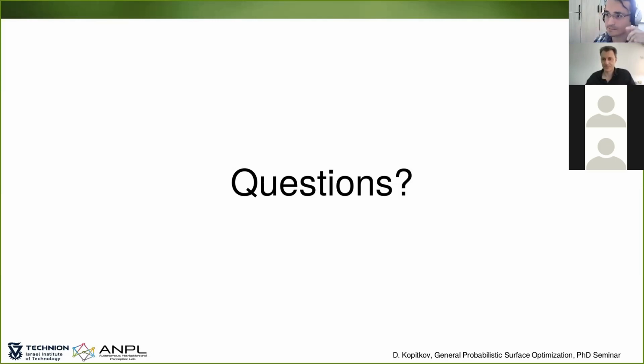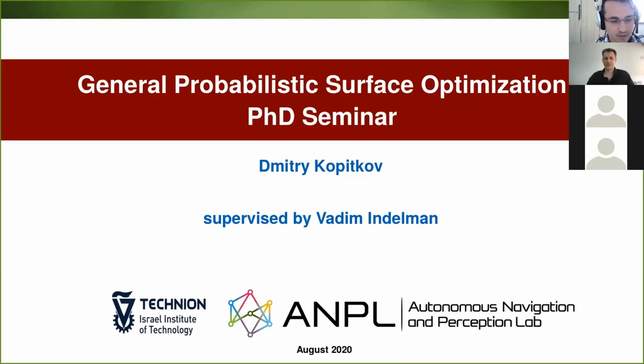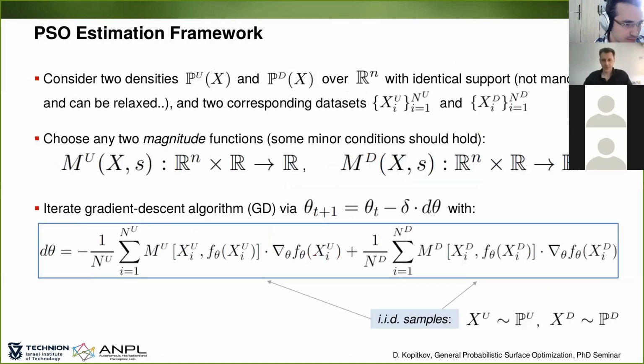Yes. Regarding the magnitude functions, your proof goes through the antiderivatives of the magnitude functions. Well, it's more complicated. I skipped some parts that I didn't have time to talk about, but one of the proofs is via calculus of variations. Let's see the slide for this.